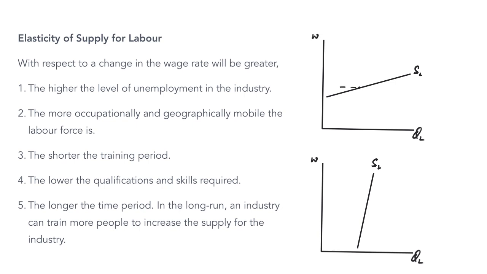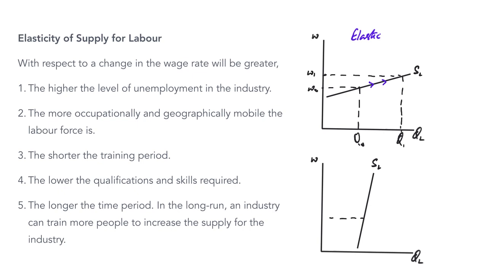In our first case, let's suppose this is the wage and this is the quantity, and when wage rises, what we see is a humongous increase in the quantity supplied. That means if wages increase, quantity supplied can increase by a large amount, and we call this an elastic curve. PES is greater than 1.